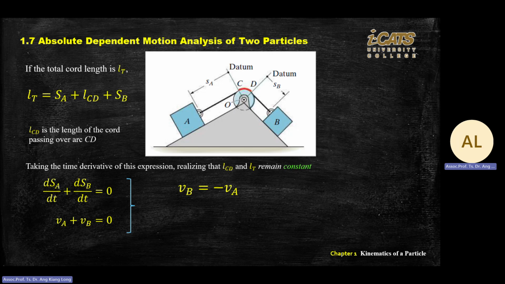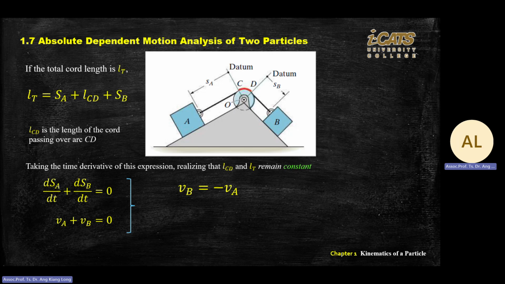You need to answer this question in your test 1. If A moves down, what happens to B? Negative sign. If B moves down, A moves up. So the negative sign means there's an opposite direction between A and B.